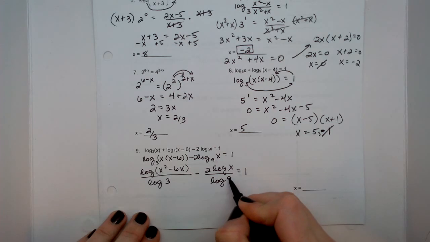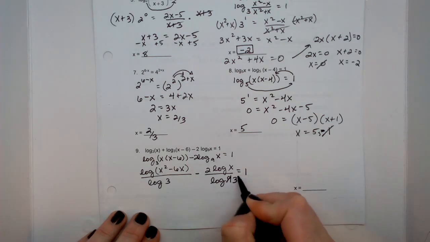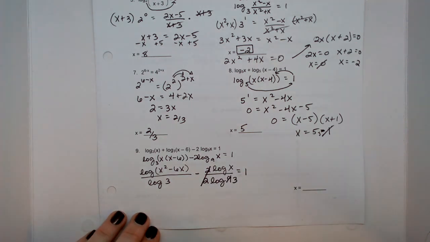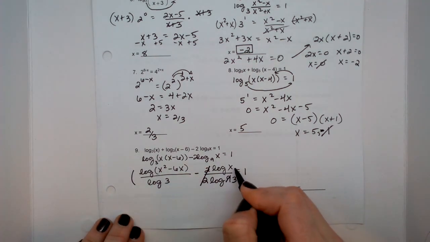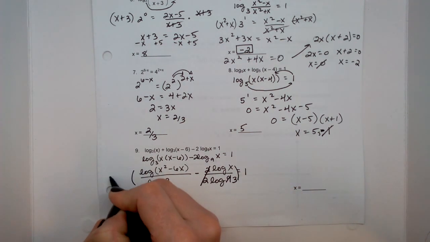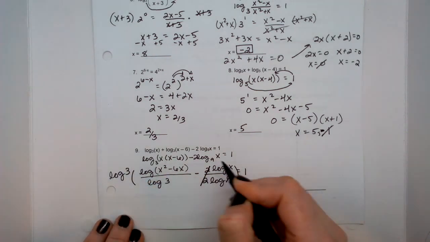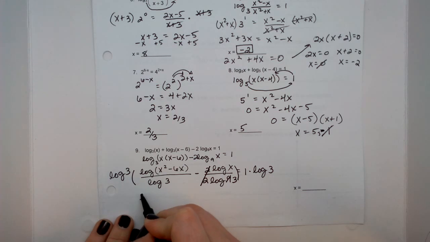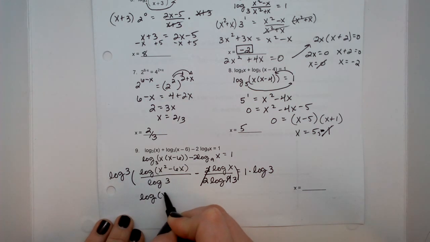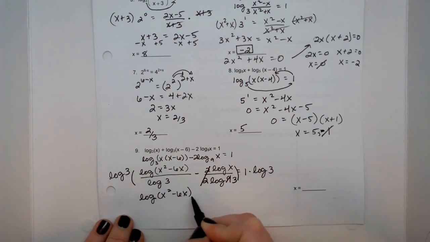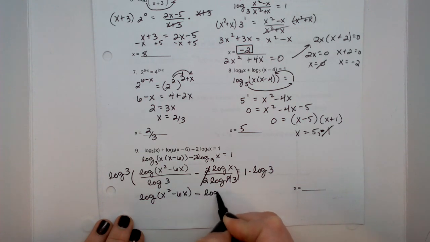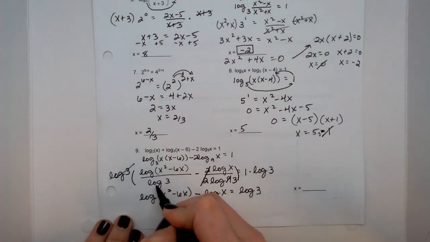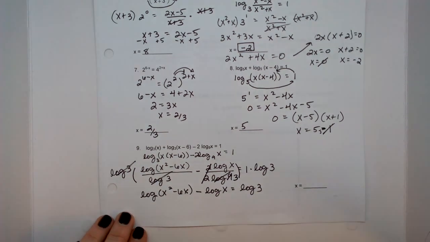Now I'm going to rewrite 9 as 3 squared, and I'm going to move the 2 to the front. That way we can cancel out these 2's, and I can get rid of the denominator, since it's the same under both, by simply multiplying by log 3. So now I have log of x squared minus 6x minus log x equals log 3, because it canceled out here.